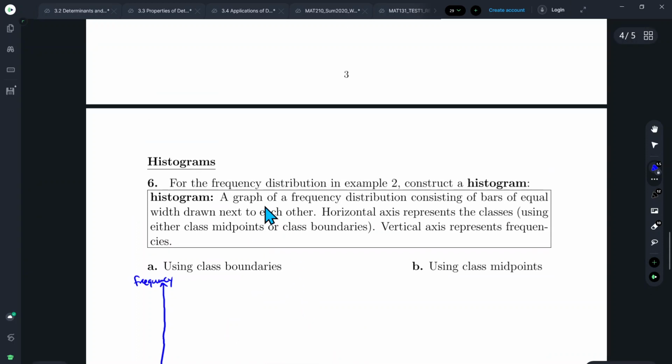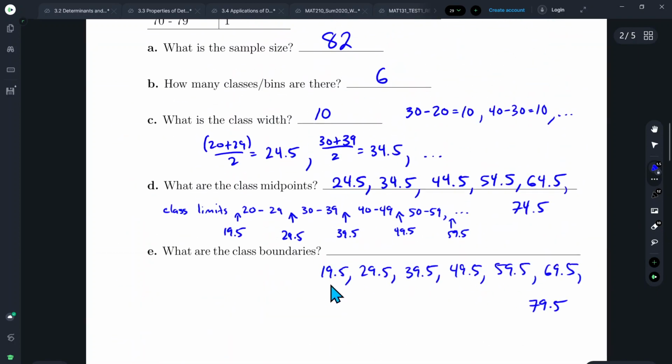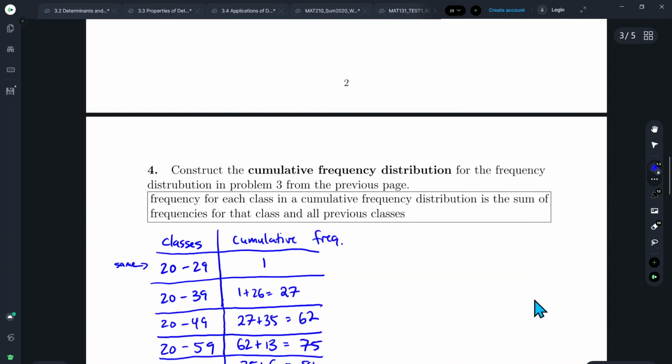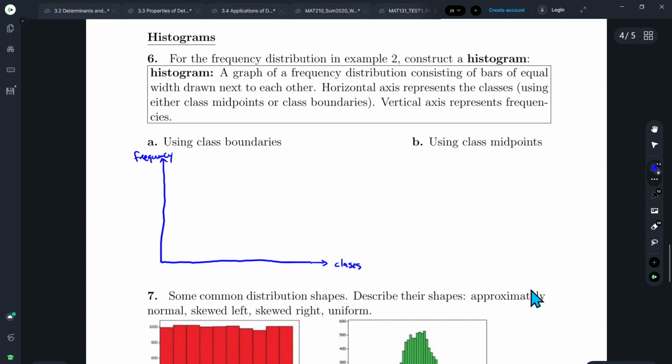If we're using class boundaries, that's these values constructed here, starting from 19.5 all the way up to 79.5. Since we don't have a lot of space, we're not going to start from 0. We're going to skip some values. Sometimes it's customary to put this squiggly here to mean that you're skipping some values.